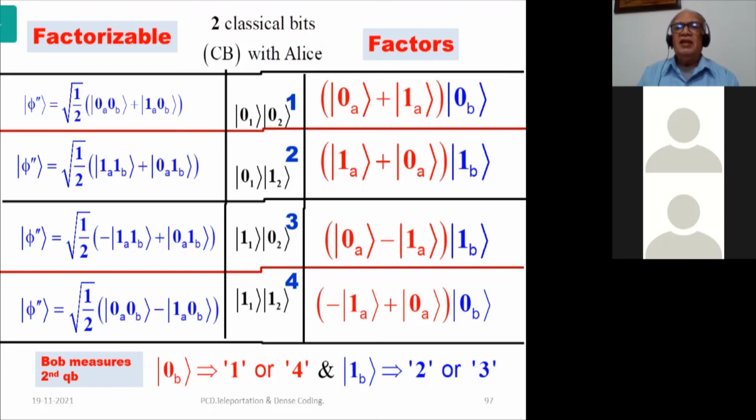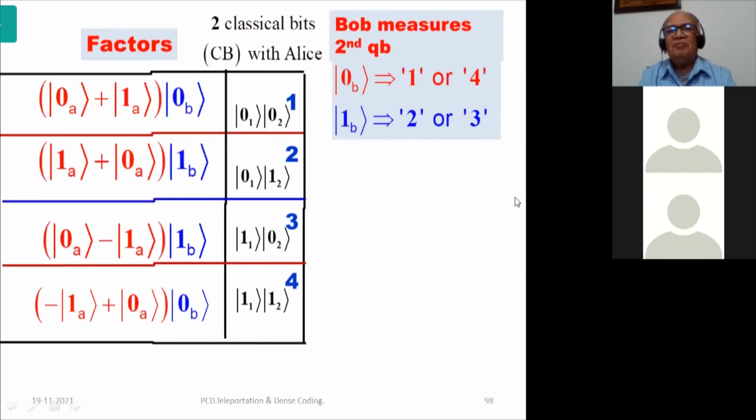As a result of this, the factorizable states are these, and Bob now has half of the information. He knows, he rules out 2 possibilities, but he's still confused. He doesn't know whether it is 0, 0 or 1, 1, which is the pair of classical bits which Alice has.